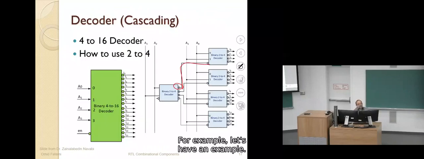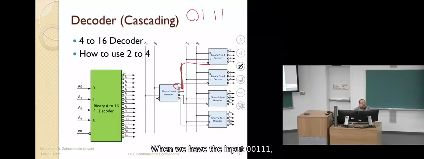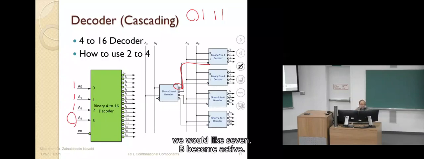Let's have an example. We have number 7. 7 is 0, 1, 1, 1. When we have this input, 0, 1, 1, 1, we would like I7 to become active.